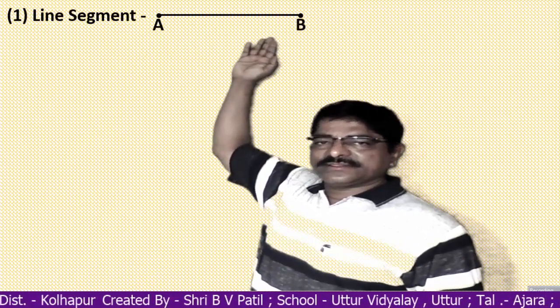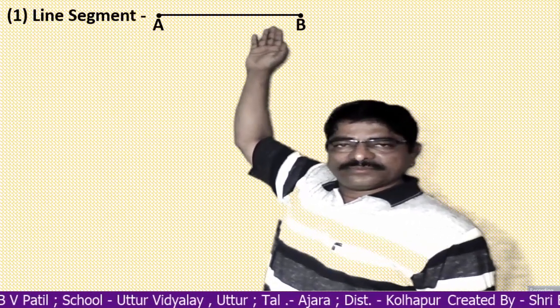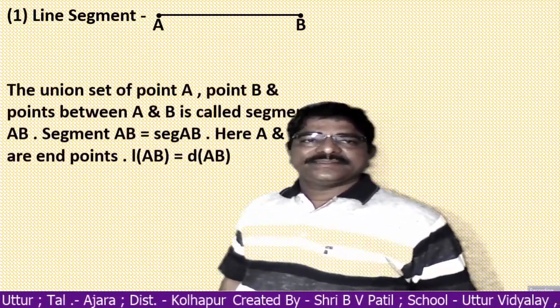Consider 2 points, and all the points between the 2 points together we consider a segment. Here A and B are 2 points, and all points between A and B together are called a line segment.